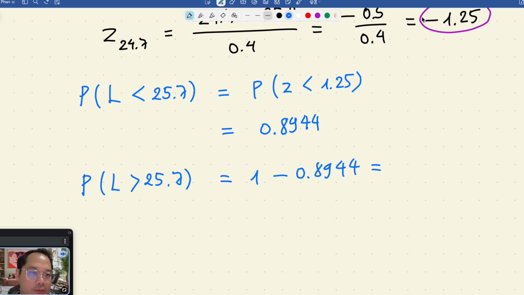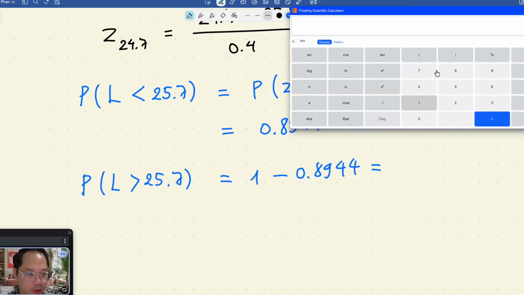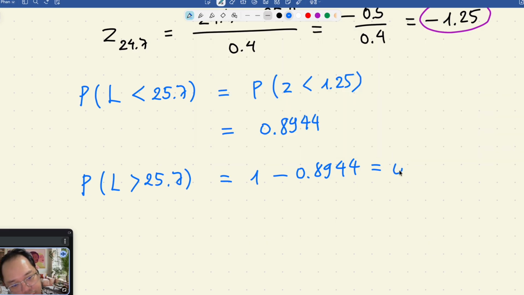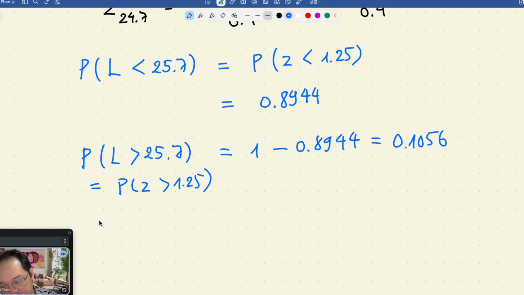On your calculator, 1 minus 0.8944, we have 0.1056, which is the area, and it is also equal to the probability that the z-score is greater than 1.25, the region on the right. Similarly, this is equal to the probability that z is smaller than negative 1.25.